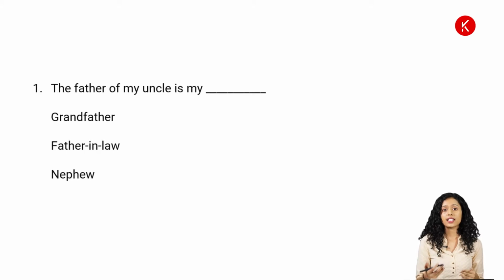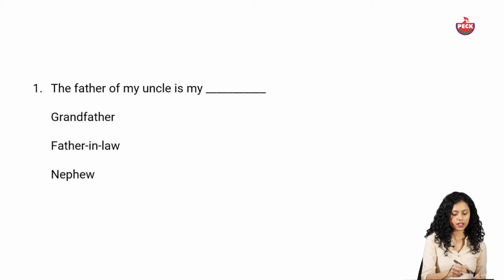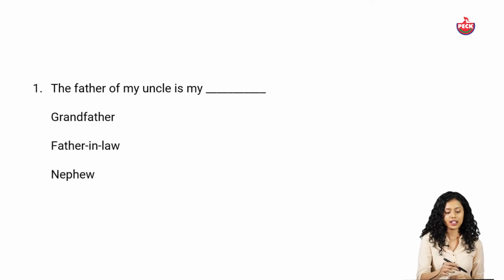Now your uncle is your father's brother, which means they have the same father. So your uncle's father is also your father's father, which is your grandfather. So the right answer would be grandfather.